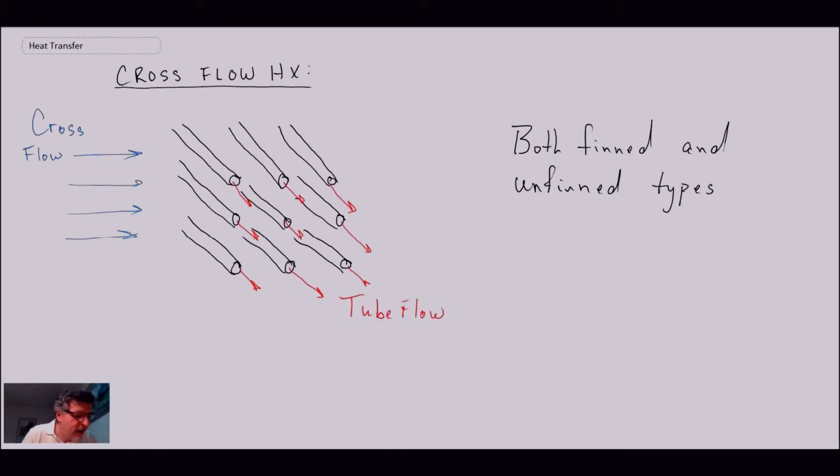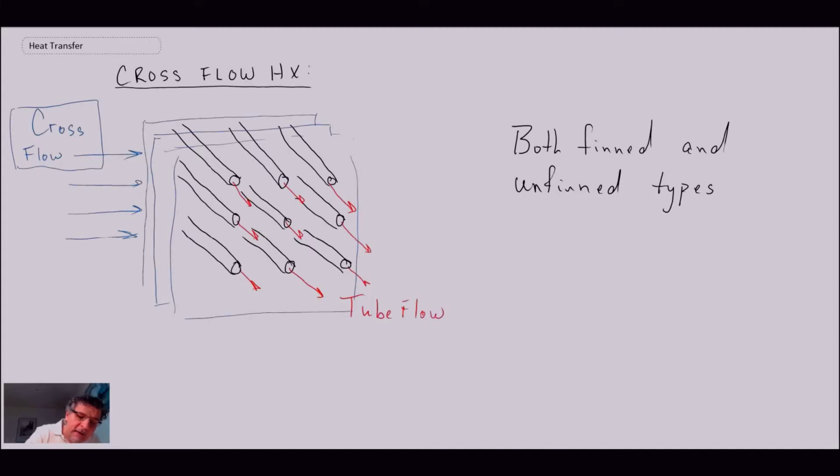Depending upon the type of construction, if you do have fins, you may have a scenario where the cross flow does not mix with itself. If you imagine you have fins that are all connected, going across all of them, and then another set of fins, and then another one.